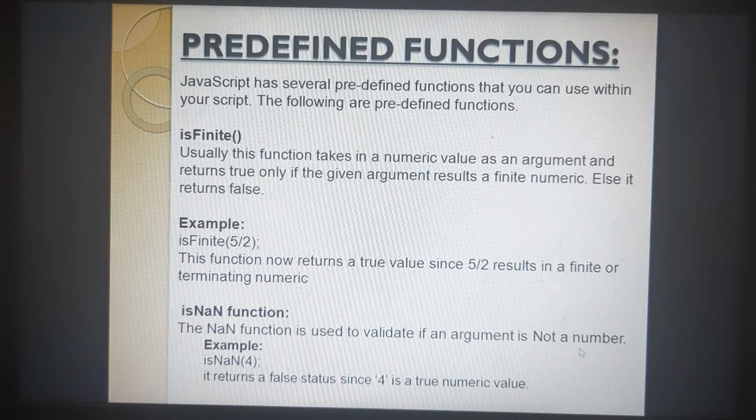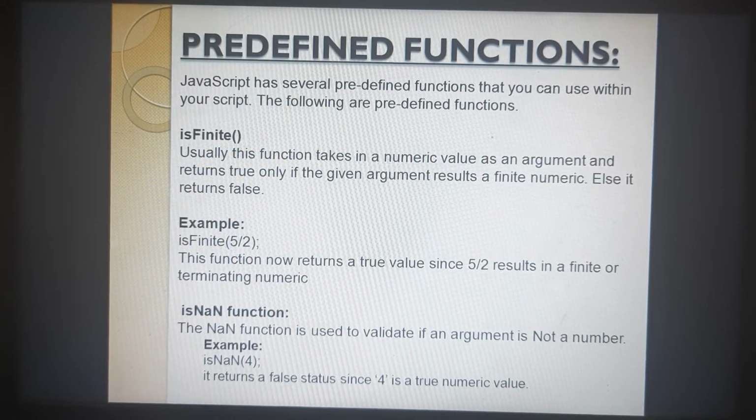The function is asking whether it is not a number, but we are giving the argument as a number, therefore it is returning a false value. If I specify a non-numeric value over here, I can get a true result. So this is the use of the isNaN function, the not a number function.